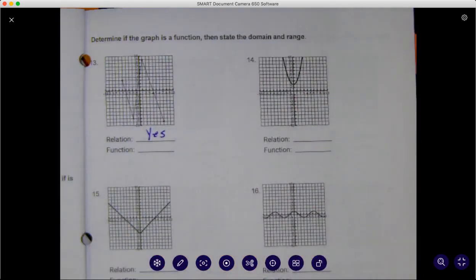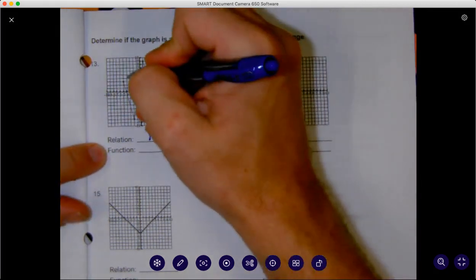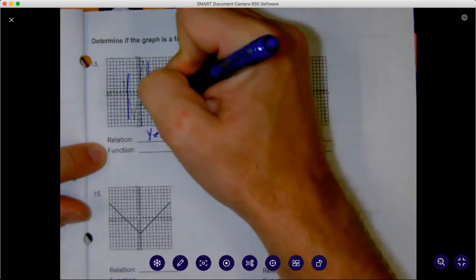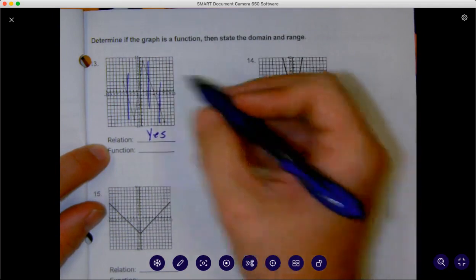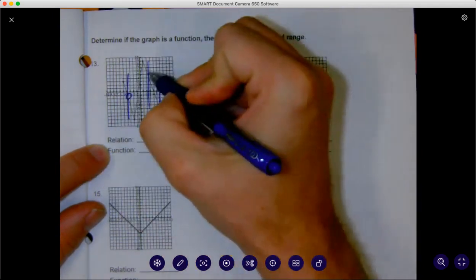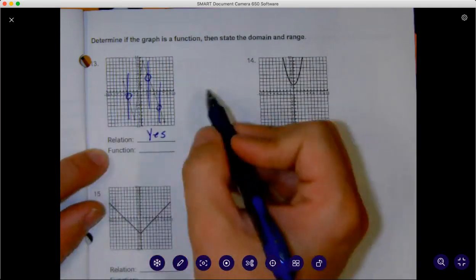Every single one on this page is going to be a relationship, because everything is connected to everything else in some way. Now I just want to check and see if it's a function. Does it pass the vertical line test? So yes, yes, yes. There's nowhere on this graph that would cross the graph more than once. It only crosses one time, one time, one time. So it passed every single test.